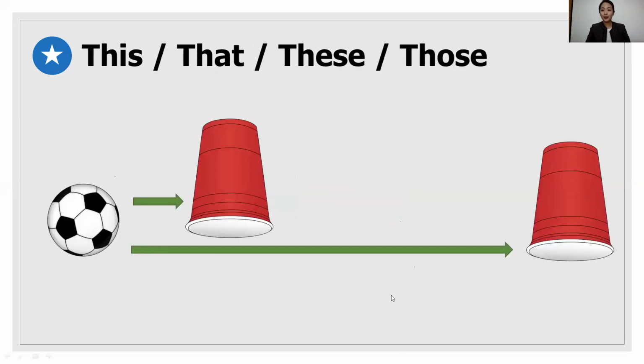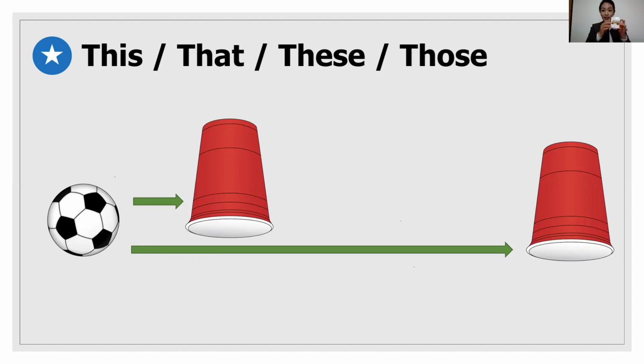After learning about these kinds of plurals and "a" and "an" articles, students will learn about this, that, these and those. So I usually use these kinds of cups to close, and one of the cups will be far from your students, and they can throw the ball and say it with the card like this.